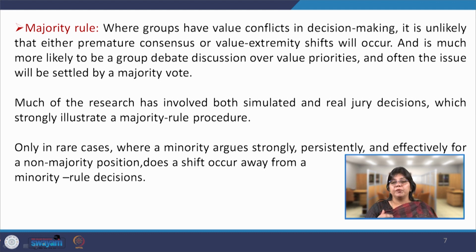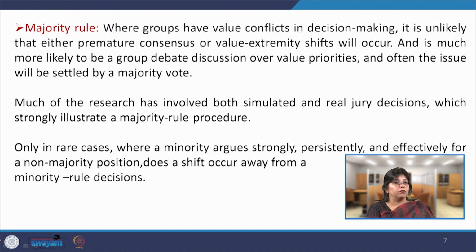When conflict of opinion exists, maybe consensus is not working, or maybe value extremity shift as a group value is also not working to come to a common decision, then ultimately values are subsided and more emphasis is made on majority rule or majority voting. So, the decision will be taken accordingly, based on which decision the members have voted for in the majority.